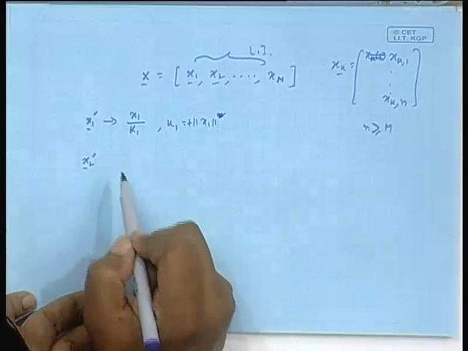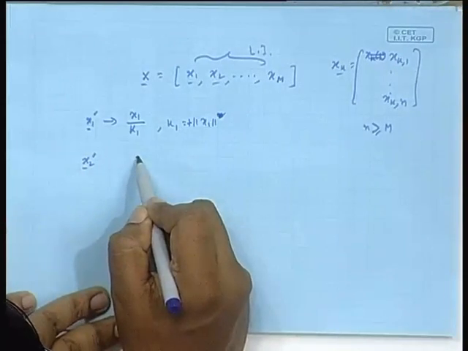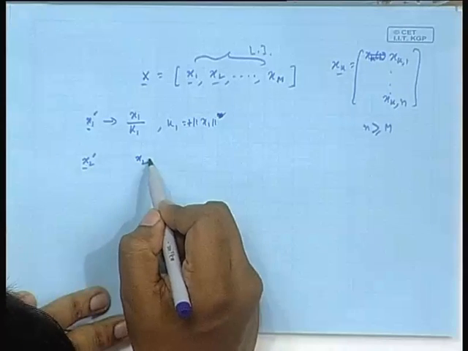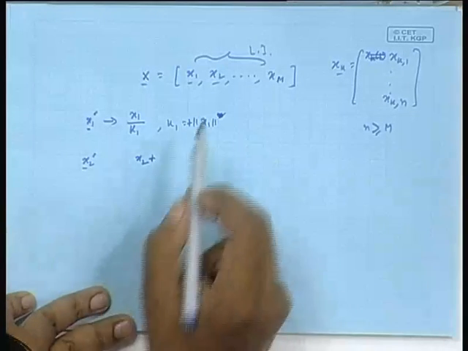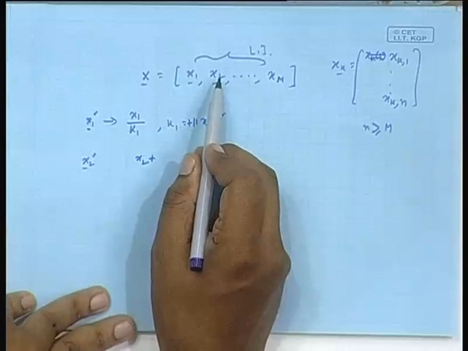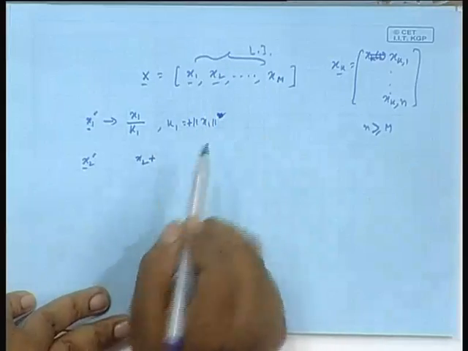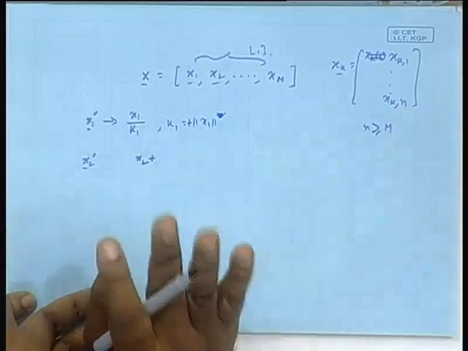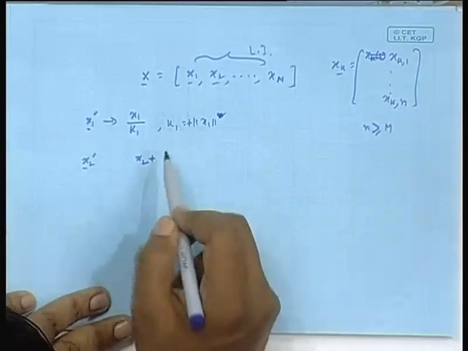Then I develop x 2 prime. How do I develop x 2 prime? First x 2 and some, it should be minus, but I am just putting it plus for the time being, some constant times x 1. What is the constant? The inner product between x 2 and x 1 divided by, here it is no problem, some constant. I am not much bothered about the nature of that constant formula.